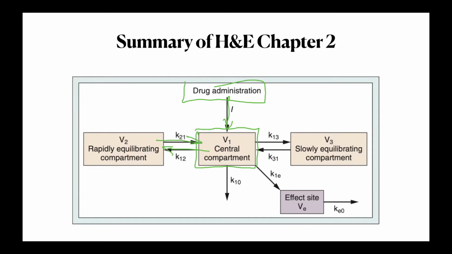And then after that, we've got the slow equilibrating compartment. And I think what you guys have realized is that there is a difference, because often the central compartment is what we call the blood volume. And V2, a lot of us would mention as your combination of your vessel-rich group or muscle. And then your V3, we would often say fat or bone.